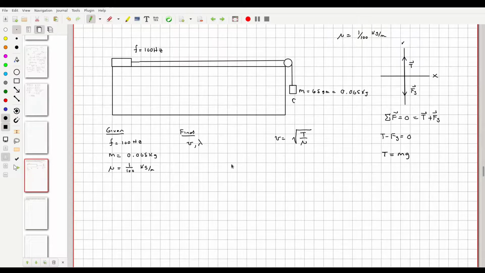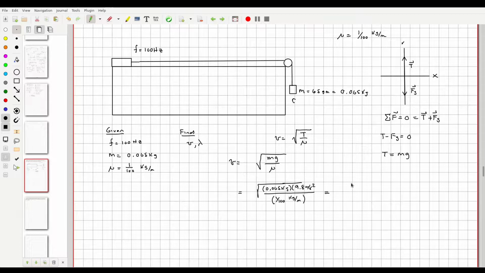Okay, so for the speed of the wave, this is going to be the square root of mg over mu, or the square root of the mass, which is 0.065 kilograms, g, which is 9.8 meters per second squared, and mu, which is 1/100th of a kilogram for every meter.